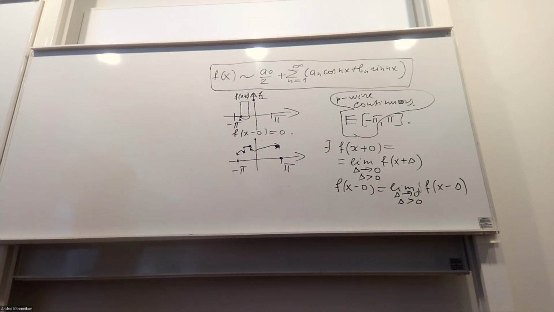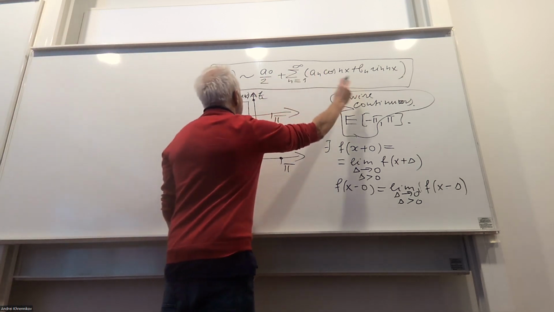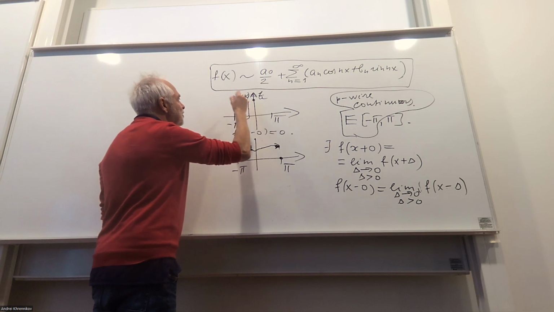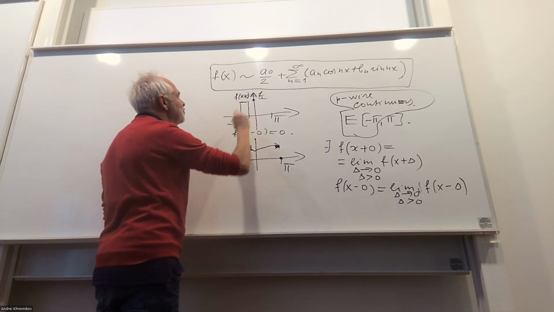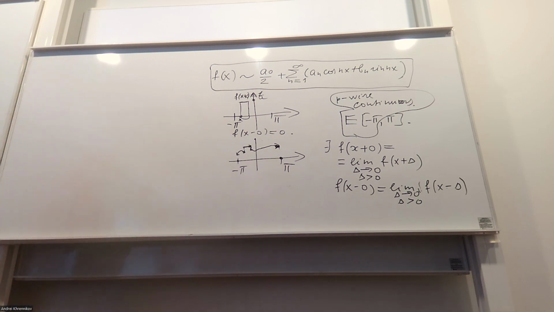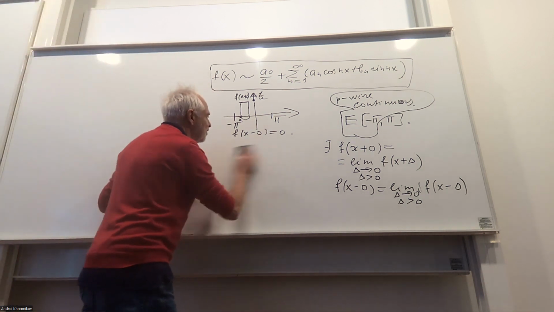And what can we expect from the Fourier series, where would it converge at a point which is not a point of continuity? At the point where there is a jump, here is the limit f(x minus 0), and here is the limit f(x plus 0). So we have two numbers. And intuition tells us that in this case, of course, one can expect the mean value.